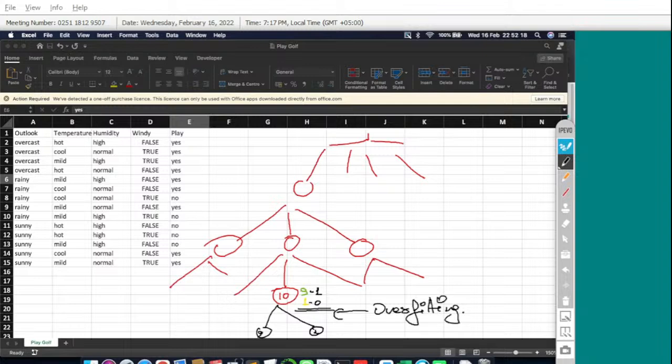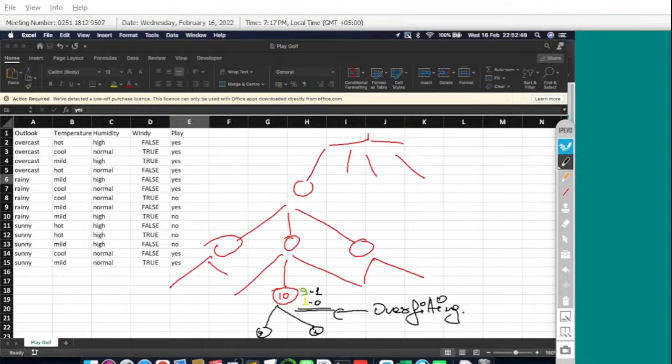So splitting until entropy 0 is good, but this will make decision trees more sensitive to overfitting. Make sense, guys? This will make decision trees more sensitive to overfitting.